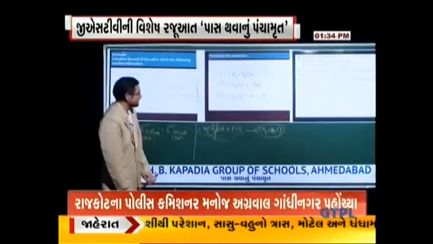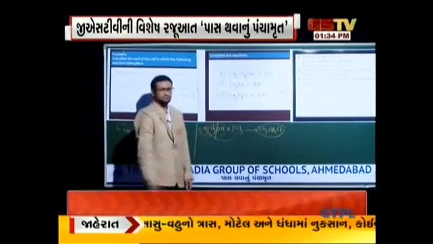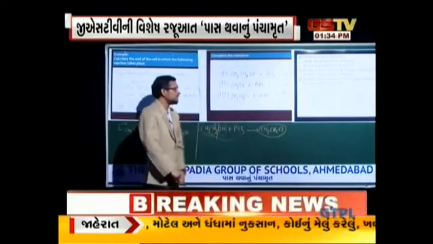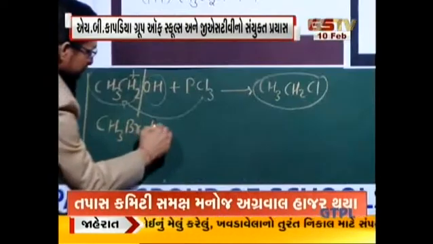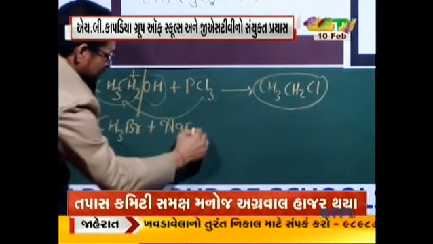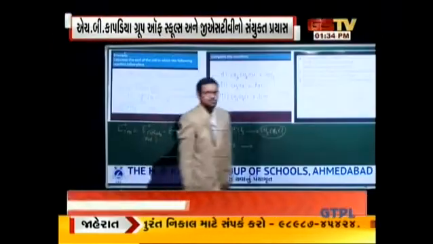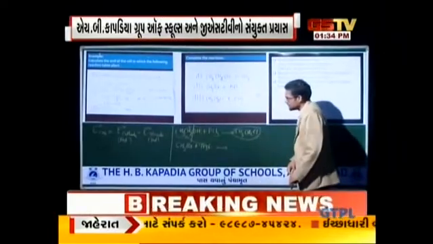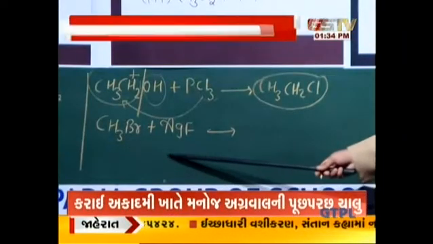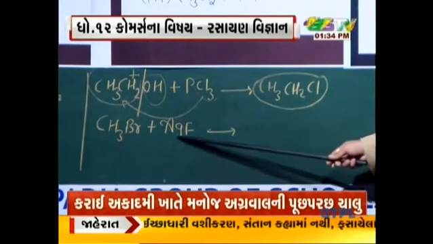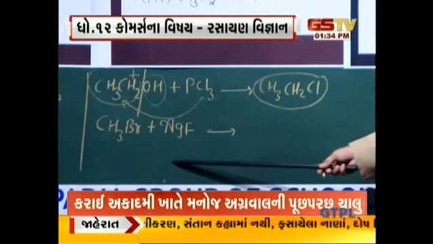Now, if we talk about the second equation, CH3Br plus AgF. So always remember that if we have both halogen reactants, then understand that this is the Finkelstein reaction.